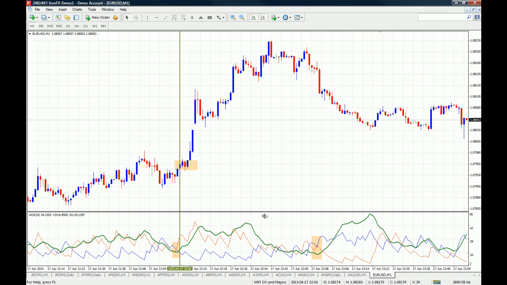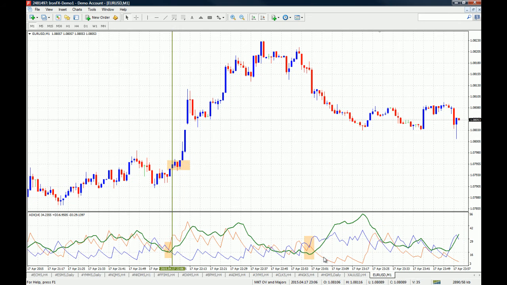And when the minus DI crosses above the plus DI, you have to wait for the ADX to move above the plus DI. When the ADX moves above the plus DI, such as in this case, you are going to go short. So your short entry should be around these price levels.